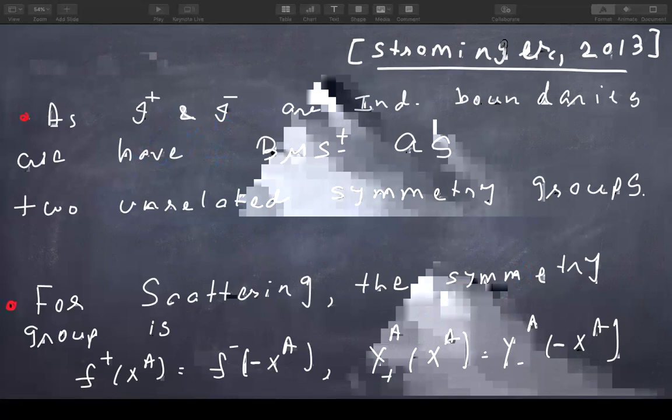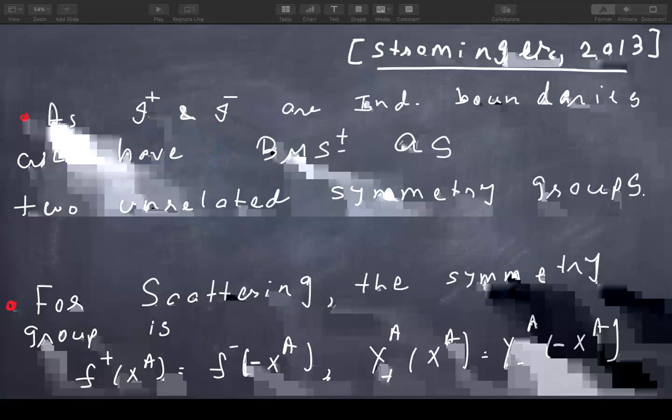It was shown, initially in a perturbative context by Strominger and others, that for scattering we have to look at the diagonal subgroup of the BMS group, where the generators of the supertranslations at I plus and I minus are related as defined in the last equation.